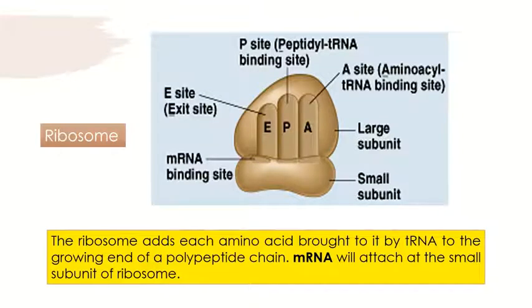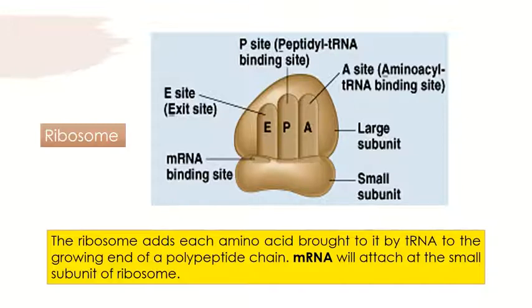Since day one, we know that the ribosome is something that produces protein. The ribosome will add each amino acid that is brought to it by tRNA to the growing end of a polypeptide chain. And the mRNA will attach at the small subunit of the ribosome. The ribosome is basically comprised of a large subunit and a small subunit.